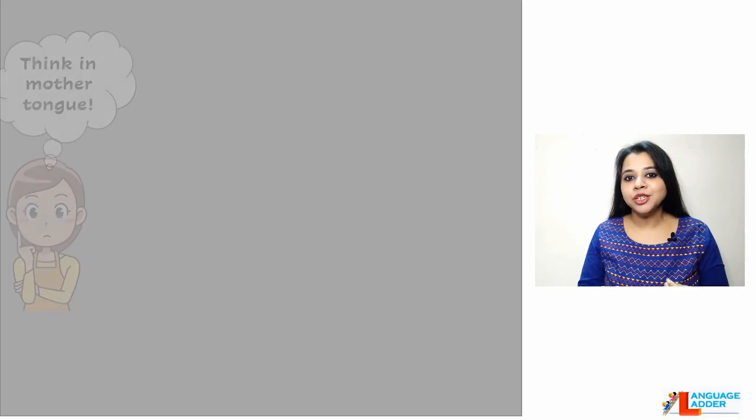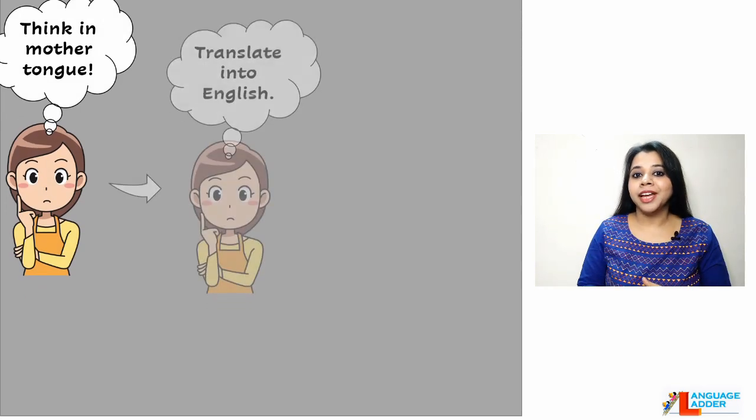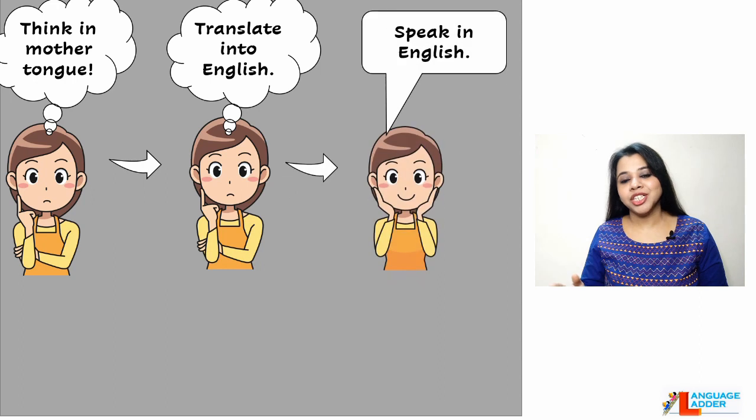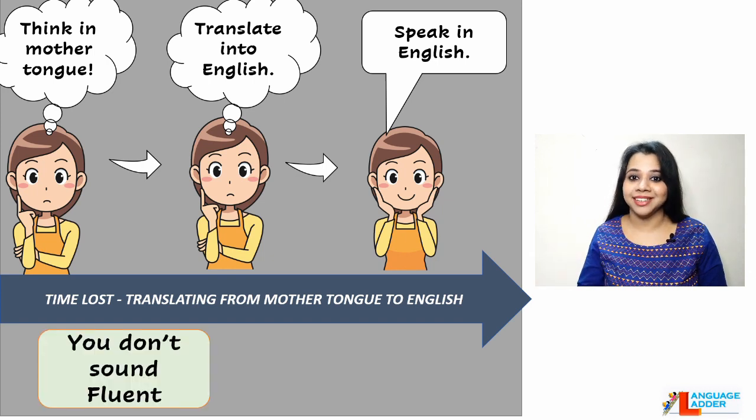So we tend to first think of words and sentences in our mother tongue, then we translate that into English, and then we speak. And this entire process takes up a lot of time. And while speaking, we don't really get so much time to first think in mother tongue and then translate and thereafter speak in English. As a result, we do not sound fluent.